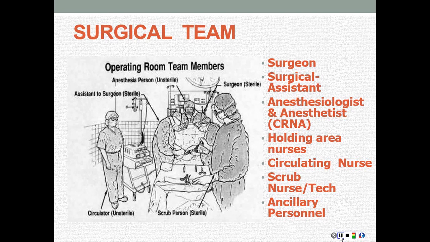She makes sure that the bed is ready for the patient, that it's clean, got the linen on it, the straps are there, everything that we're going to need to position the patient is there. The circulator checks all the equipment, makes sure that the equipment is there and working.